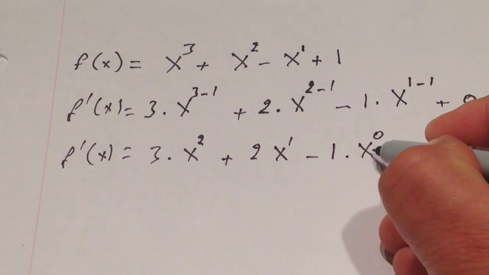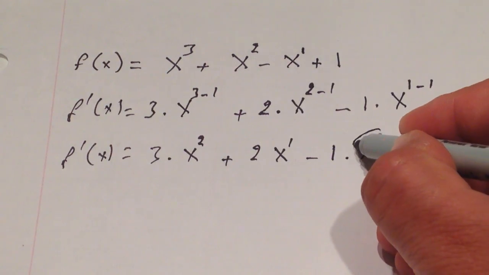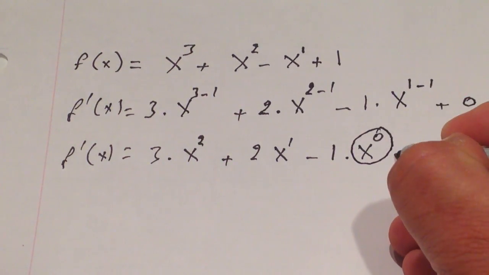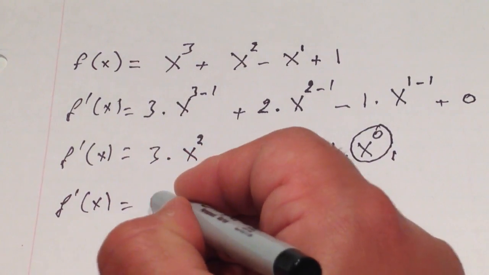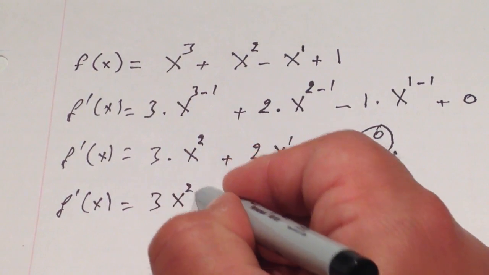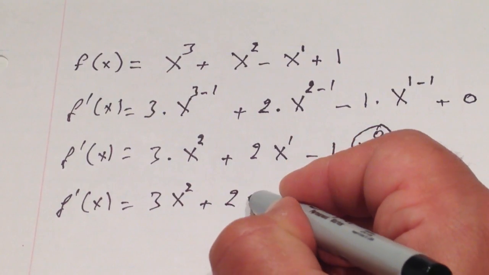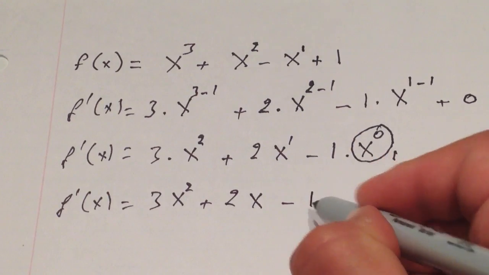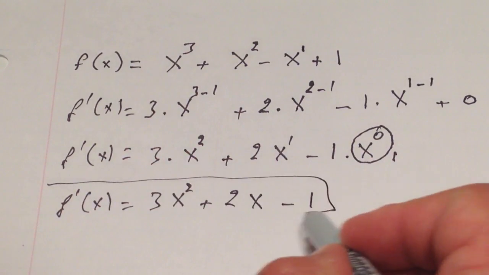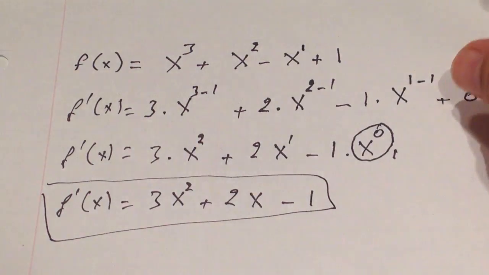Again, since here we have x power 0, this will be equal to 1. So the derivative will be equal to 3x squared plus 2x power 1 minus 1 times 1 is 1. This is the derivative of this function.